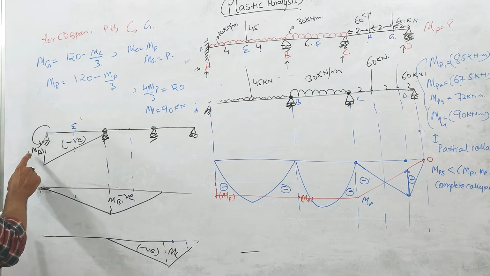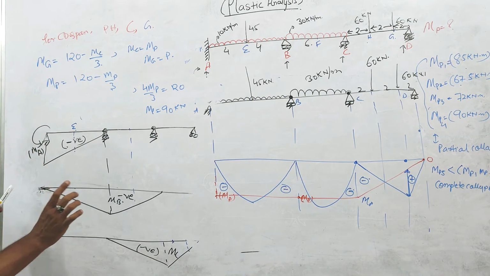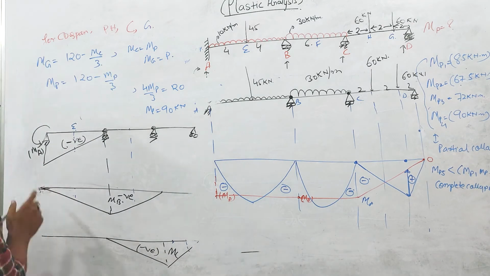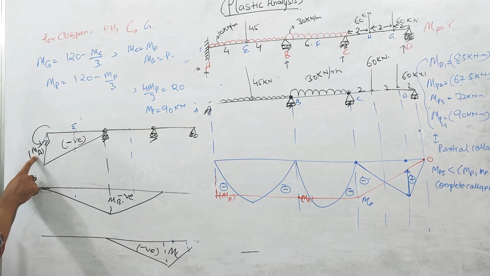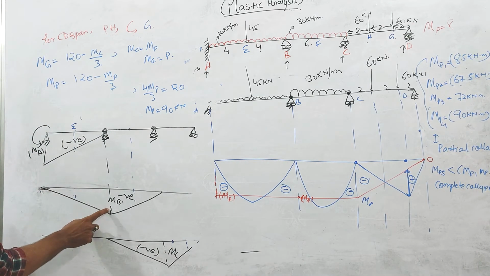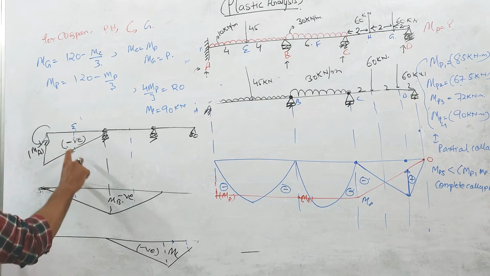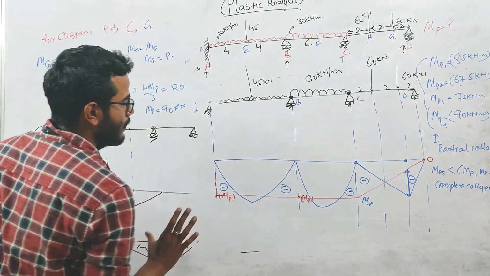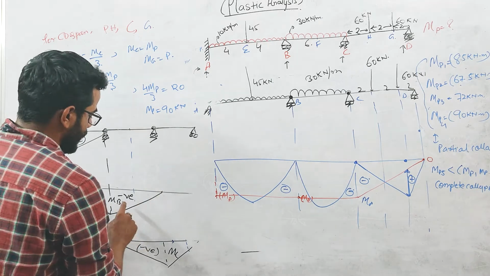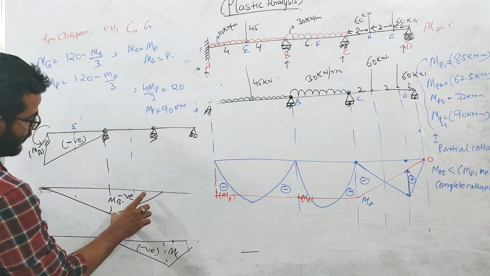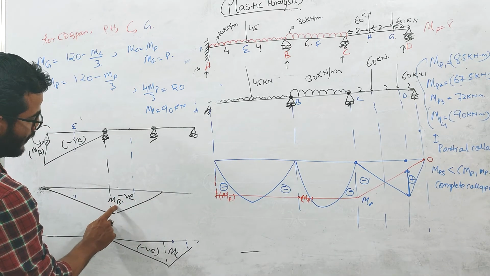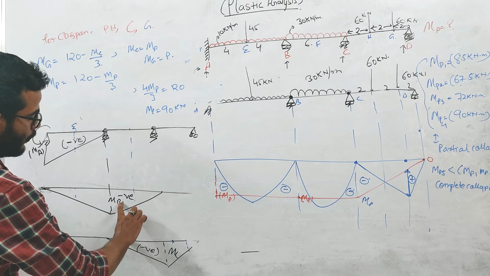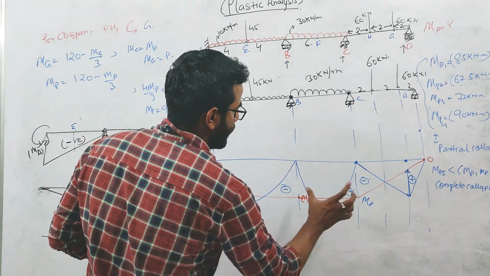So if you overlap, how do you get this straight line? Let us suppose this becomes MP, and this MP becomes MP. If you add these two things, it will give you this straight line. Similarly here also, if this MB value becomes MP and this MC becomes MP, adding these two gives this straight line.